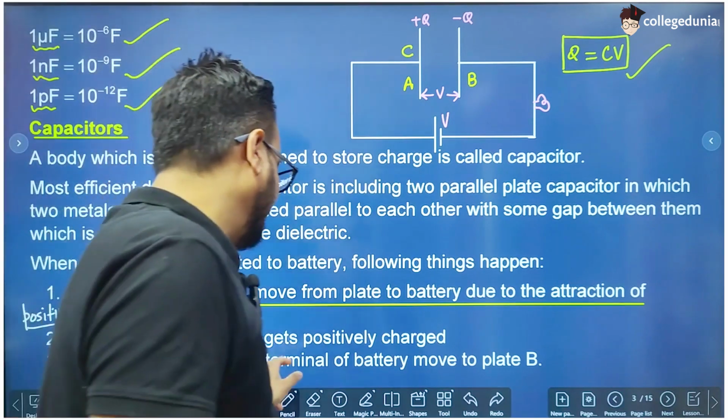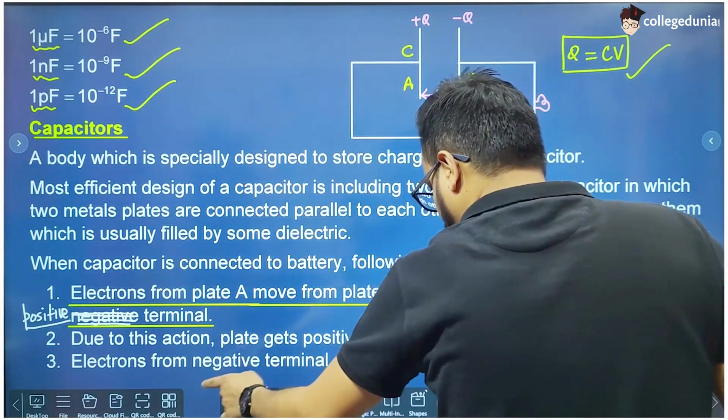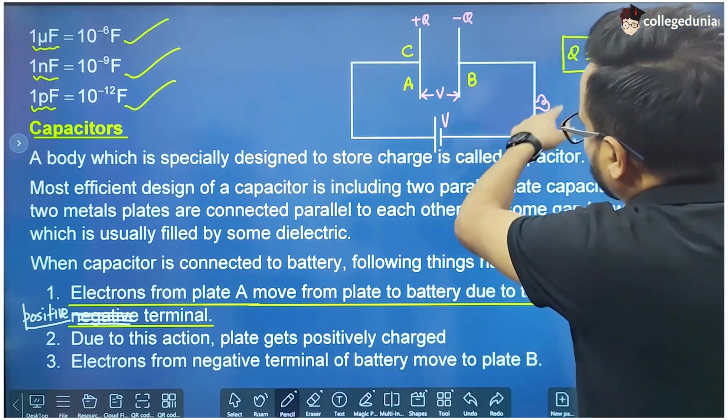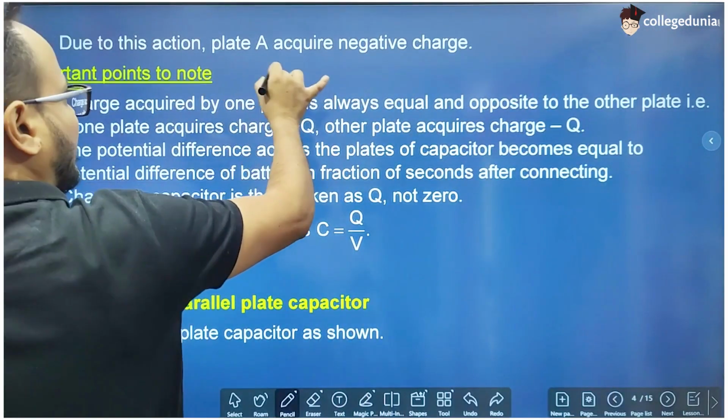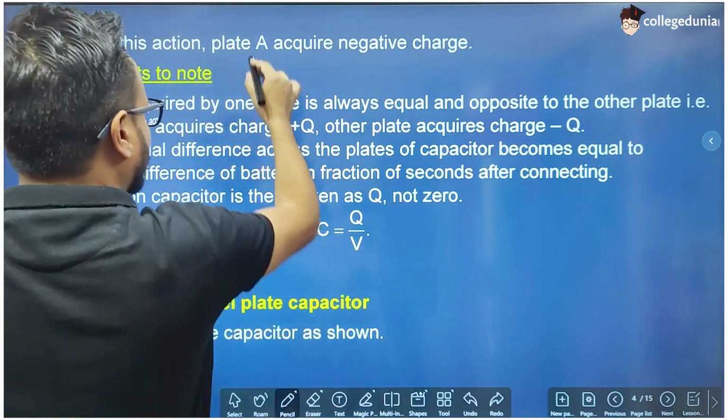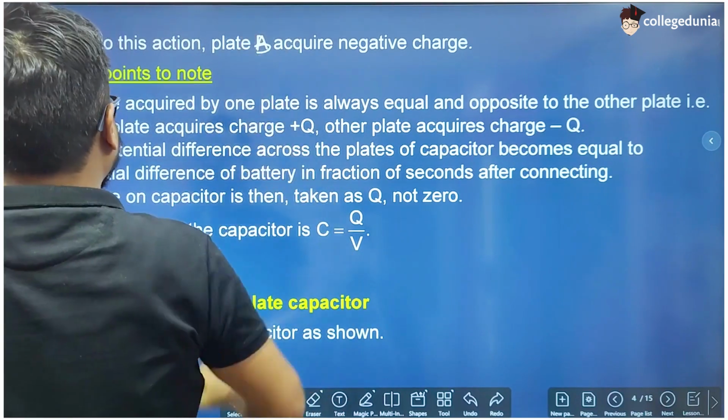Due to this action, plate A gets positively charged. Electrons from negative terminal of battery move to plate B. Due to this action, plate B acquires negative charge.